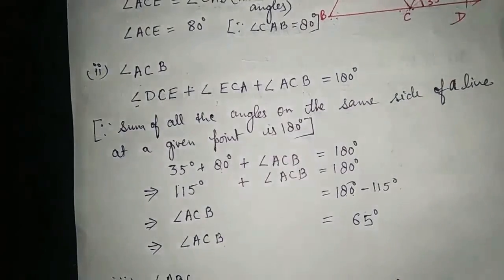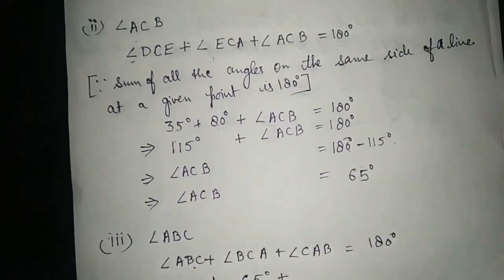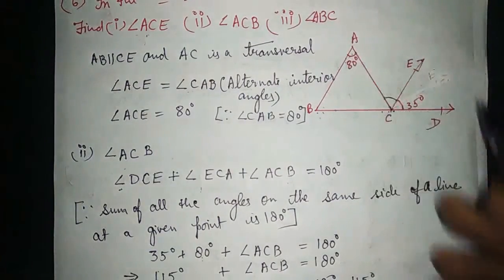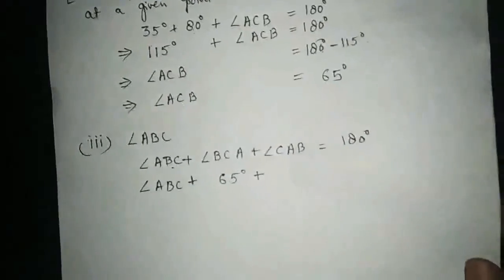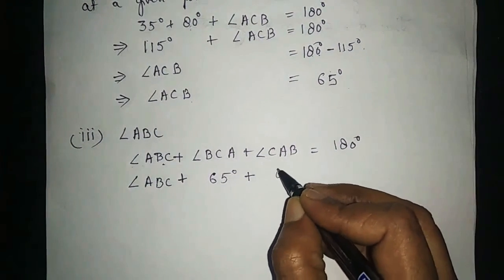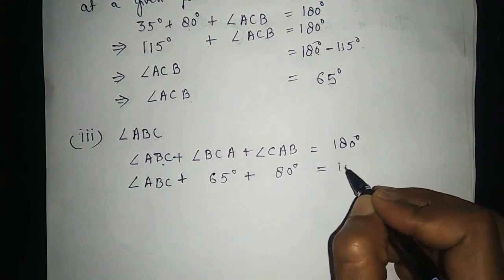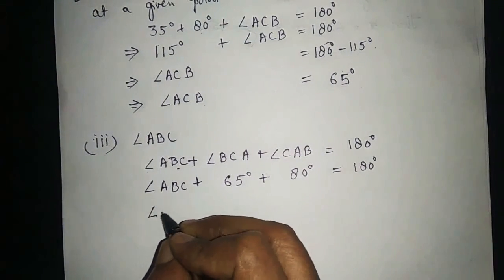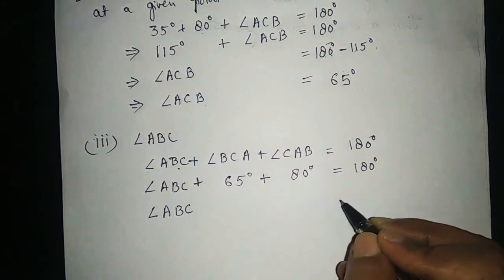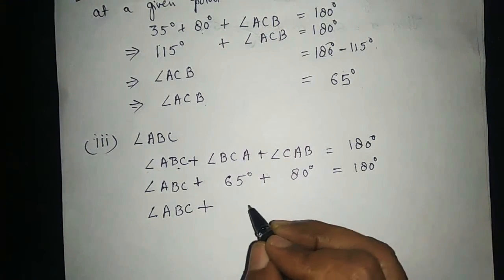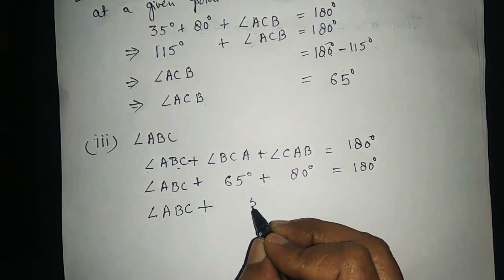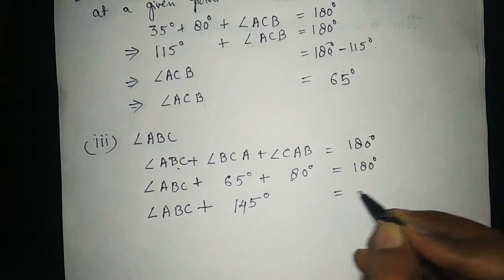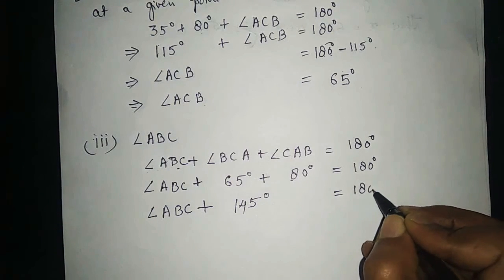CAB, here CAB we have got in the question only, 80 degree. So here we will write 80 degree is equals to 180 degree. Now angle ABC, here we will add this, here 5, 8 and 6, 14, 145 degree, 180 degree.